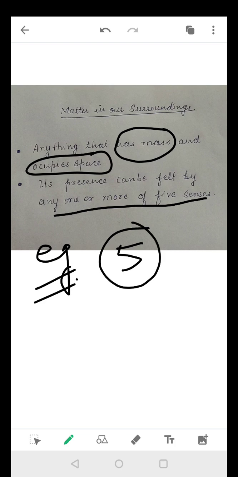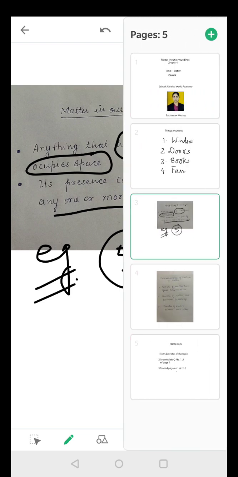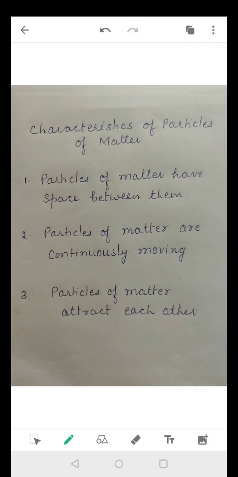Very good. Now let's talk about the characteristics of particles of matter. What are the characteristics of particles of matter? See, everything that we have listed so far, every matter is made up of tiny particles. Matter is made up of tiny particles.